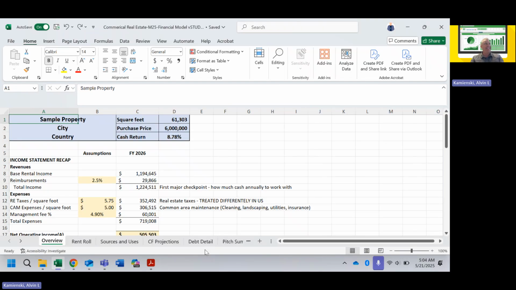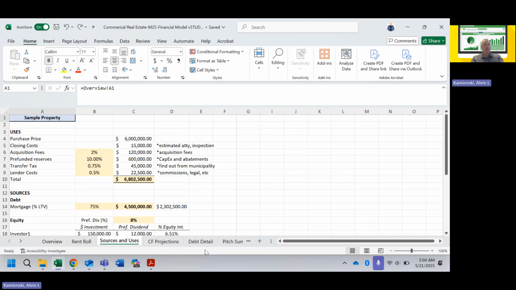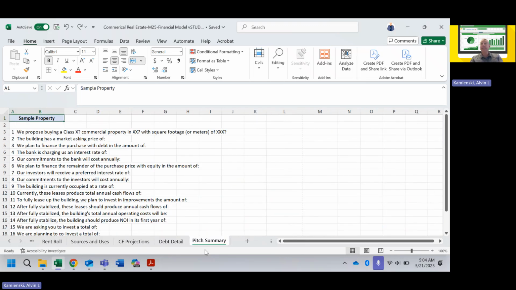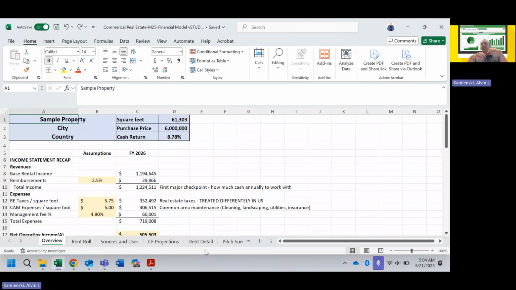If we take a look within the workbook, there are 1, 2, 3, 4, 5, 6 different tabs underneath it. The 6 different tabs start with a cover sheet or an overview, where I should be able to look and say, you're pitching me on this property in this city in this country that is this size, that will cost this much to buy, and will provide this type of return.